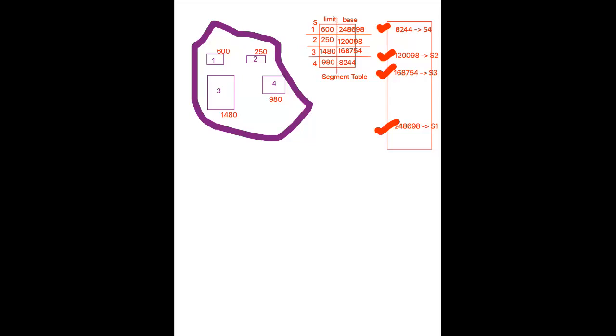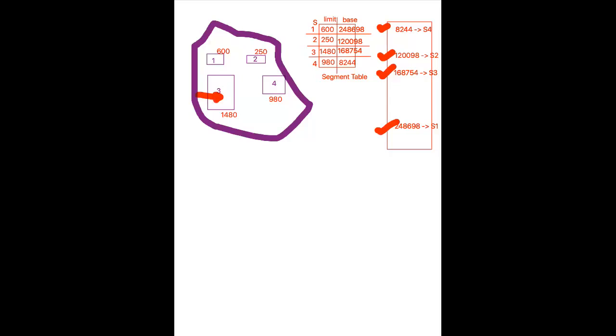Neil Joshi, is it okay? Okay, Neil Joshi asked the question, what is the value of STLR? See, STLR stands for segment table length register. That gives you how many entries are there in the segment table.